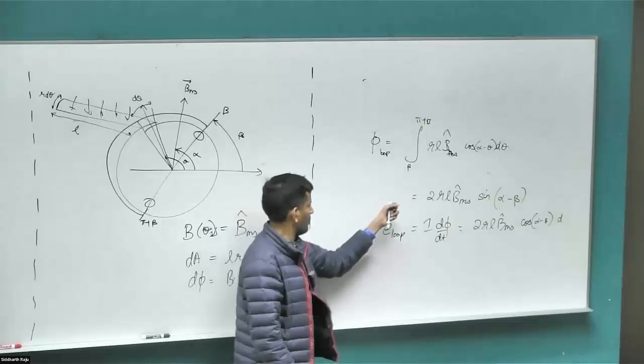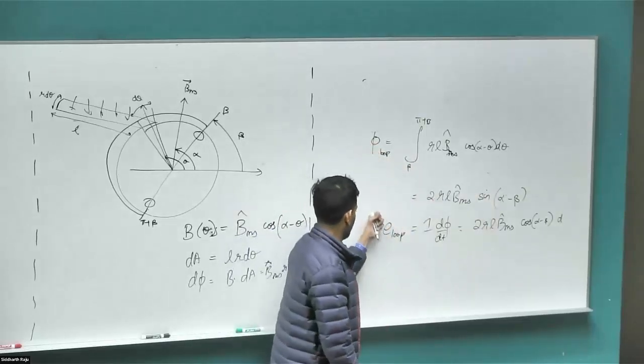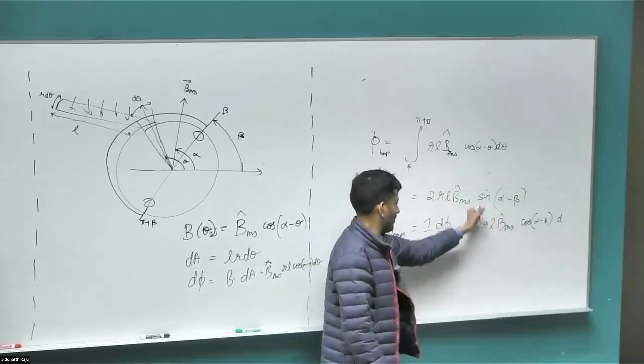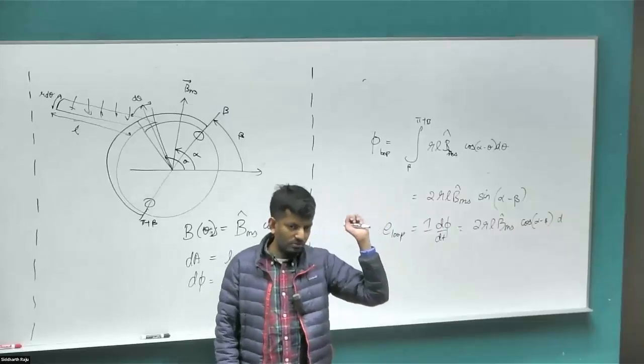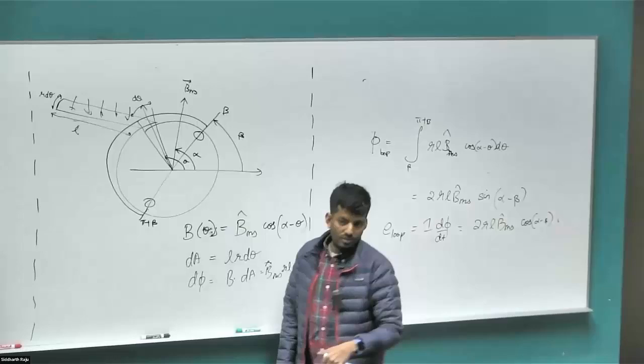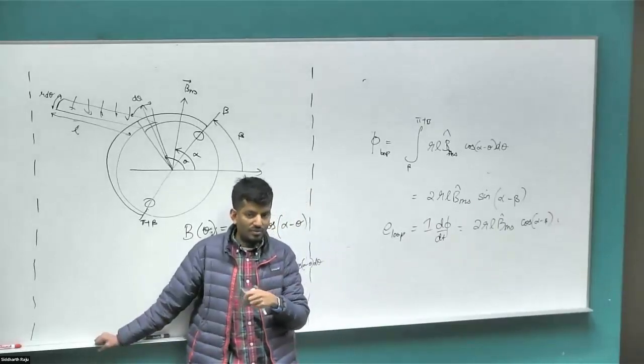So we figured out this was the flux in the loop. If I differentiate the flux, I'll get the EMF across the loop. Is the differential complete? Am I missing any other terms? What term am I missing?